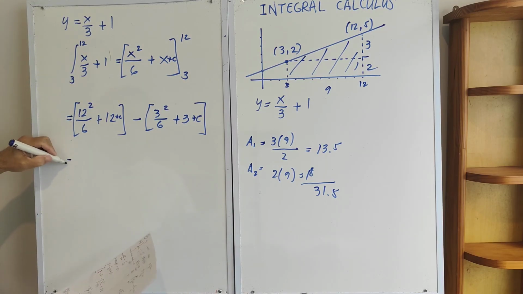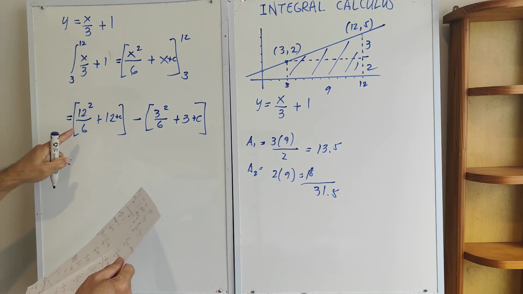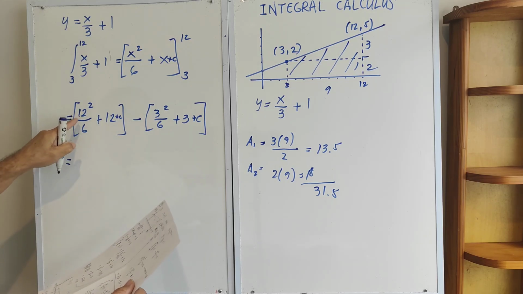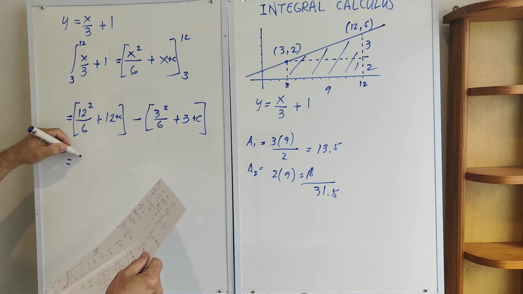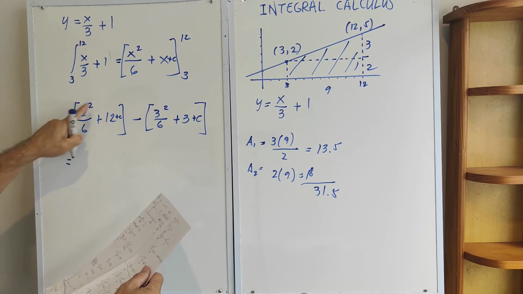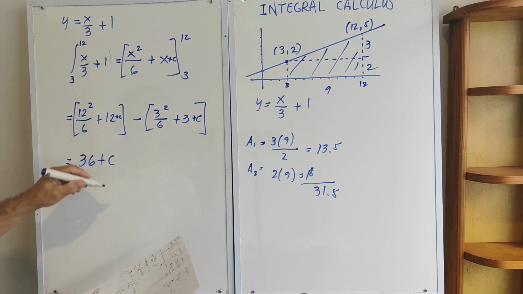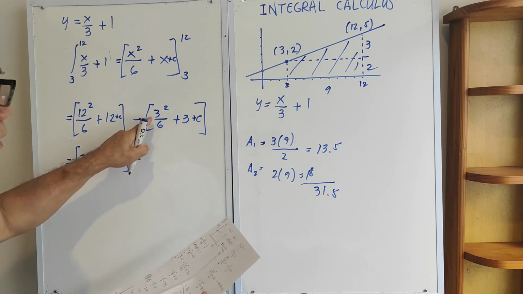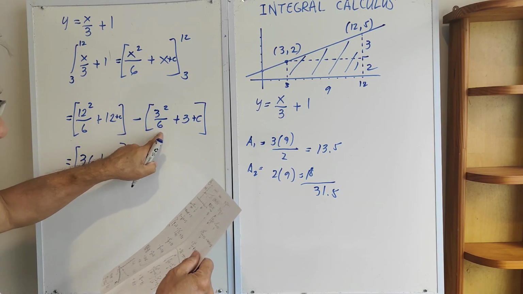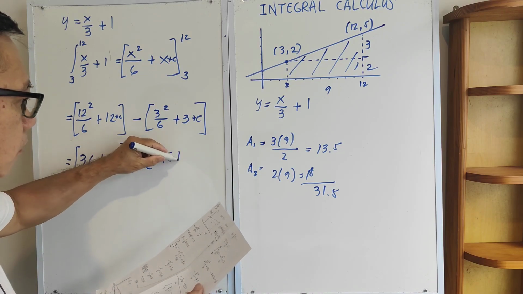So 12 squared over 6, 144 divided by 6 is 24, plus 12 is 36. All of this is 36 plus c, minus 3 squared, which is 9 over 6, plus 3, is 4.5 plus c.